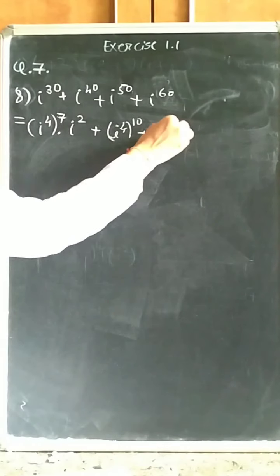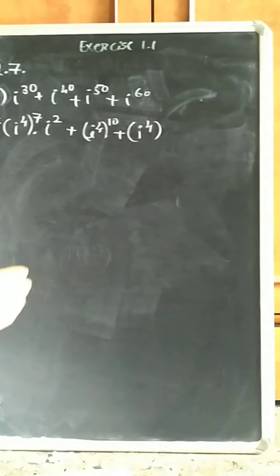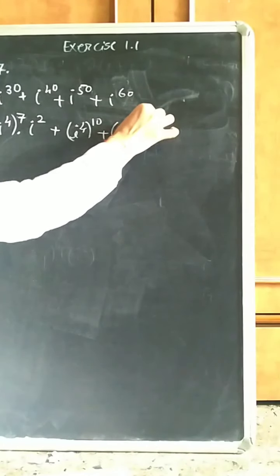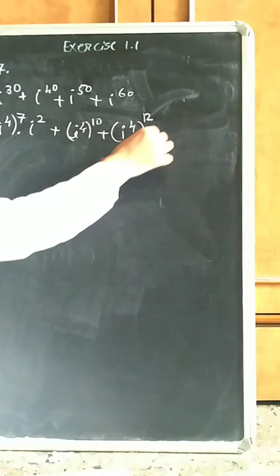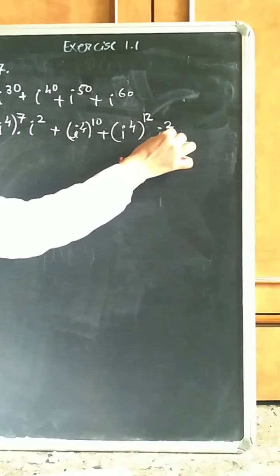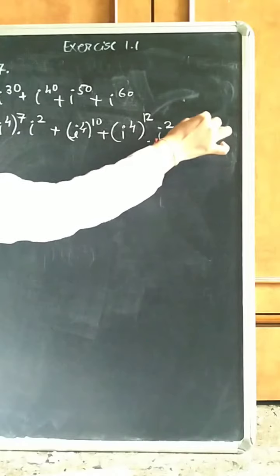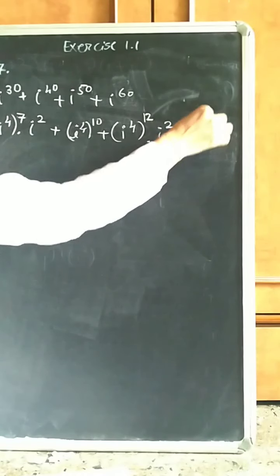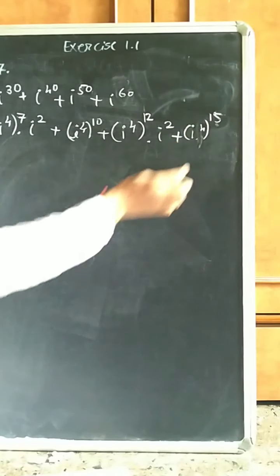Plus i raised to 50: 12 fours are 48 and remainder is 2. i raised to 4 raised to 15, 15 fours are 60.